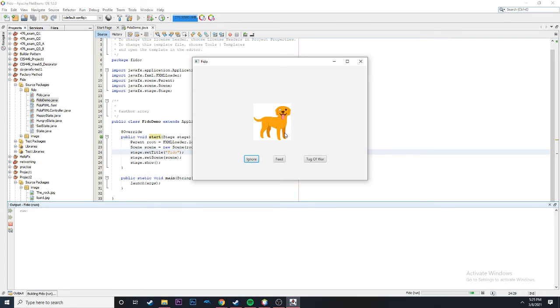So here we have Fido, and we can see that he's happy. So what happens when we try to feed him when he's happy? Fido has too much energy to eat right now, so nothing happens. He's still happy. All right, let's see what happens when we ignore Fido. Fido is sad that you are ignoring him, so we can see that his state image has changed.